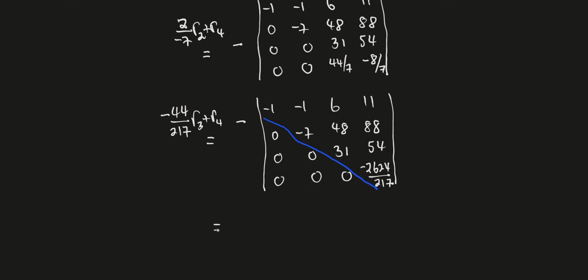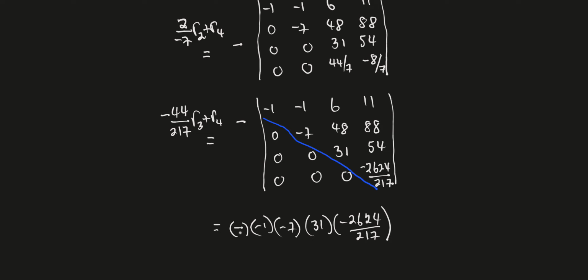So what does it look like? Well, the negative sign continues to come down, so I'm going to have negative. Then I'm going to have -1 times -7 times 31 times -2,624 over 217. And then we have 4 negative signs there.